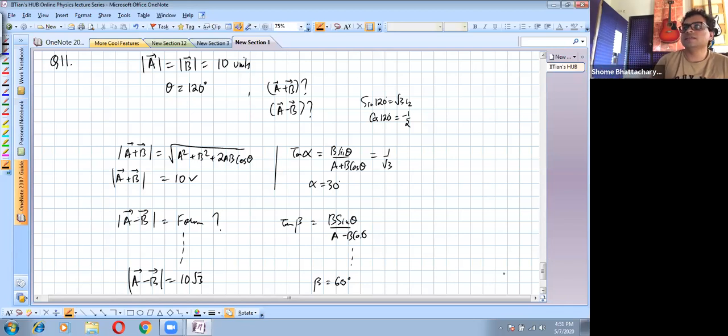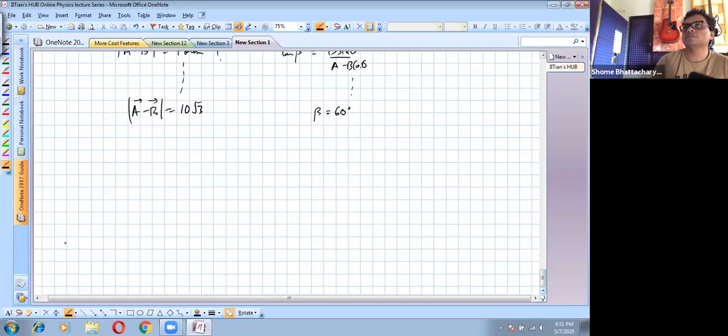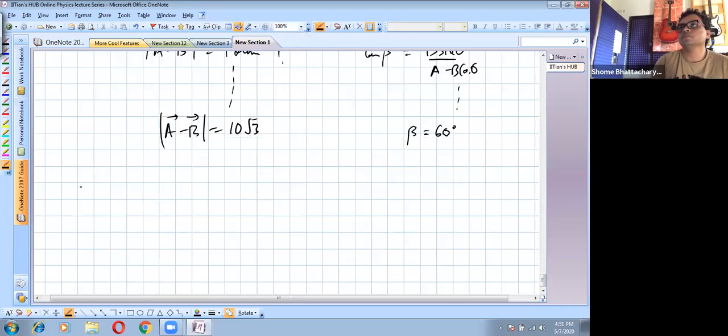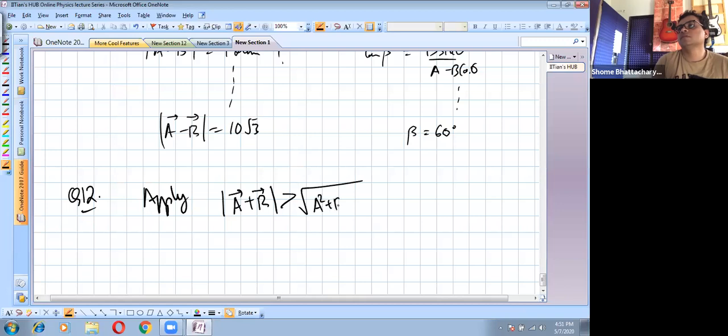Okay, now question 12 is an application of this direct concept. Apply the inequality that mod of a plus b is greater than root of a square plus b square if theta is acute.